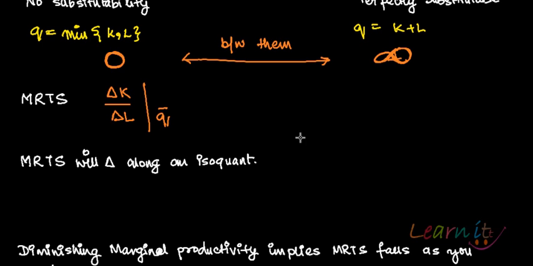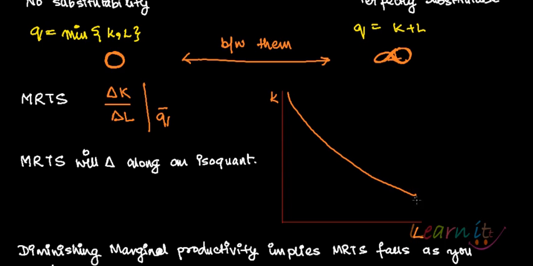Okay, so let me just draw this for you. You have labor here, you have capital here. Supposedly this is one point, this is another point. At this point, you have more capital and less labor.